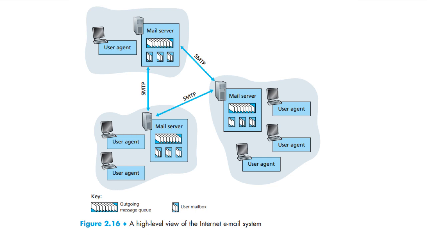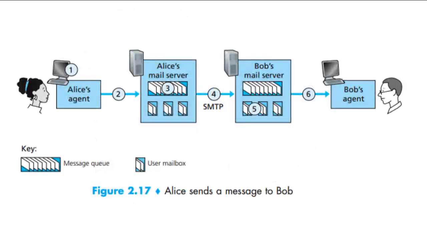Both the client and server sides of SMTP run on every mail server. When a mail server sends mail to other mail servers, it acts as an SMTP client. When a mail server receives mail from other mail servers, it acts as an SMTP server. Figure 2.17: Alice sends a message to Bob.